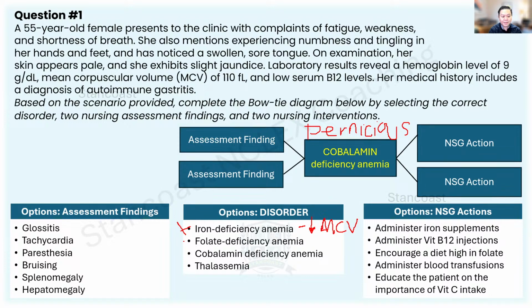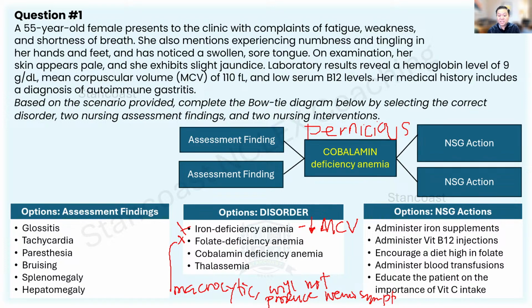What about the folate deficiency anemia? Well, it can also cause the macrocytic, I should say, but it does not usually cause neurological symptoms, like in vitamin B12.